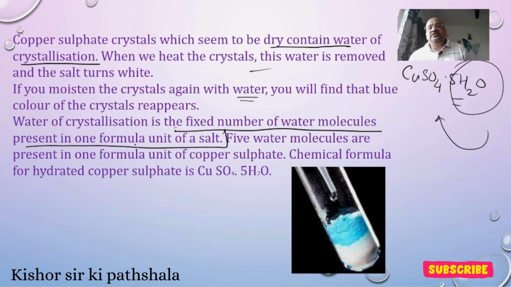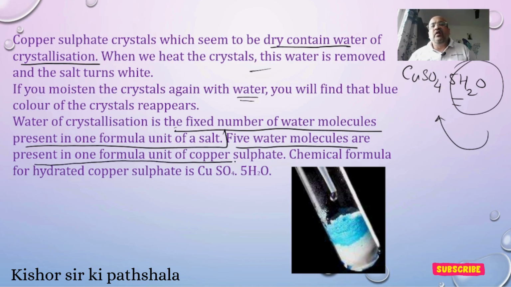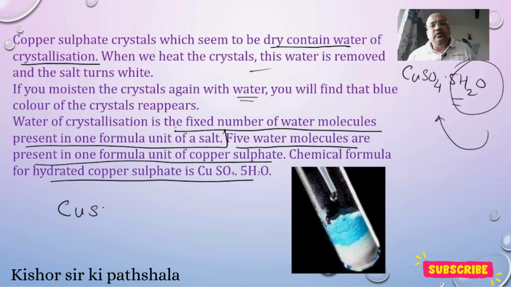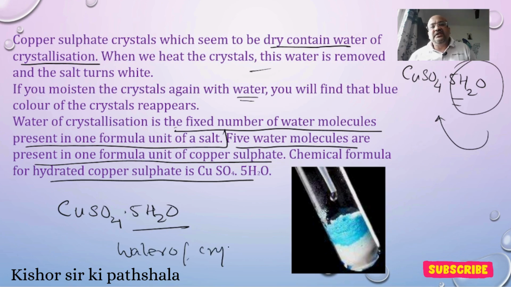In copper sulfate, 5 water molecules are present in one formula unit. So the hydrated copper sulfate is CuSO4·5H2O, and this 5H2O is the water of crystallization.